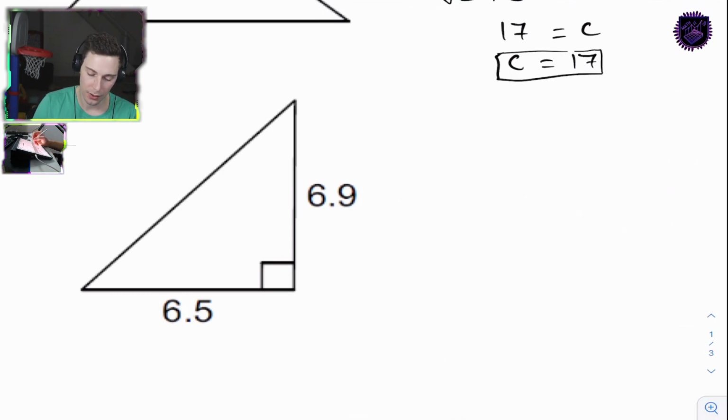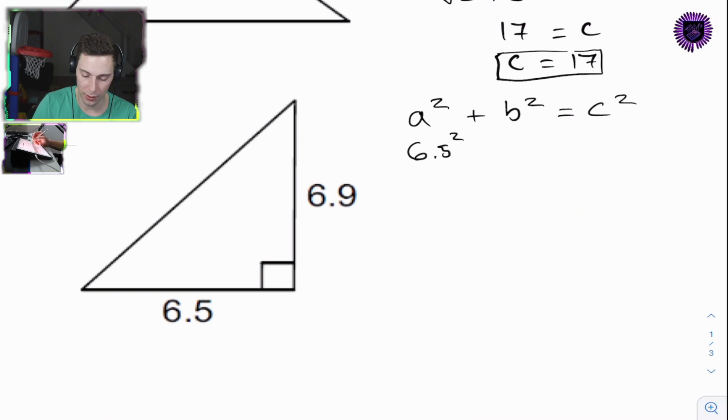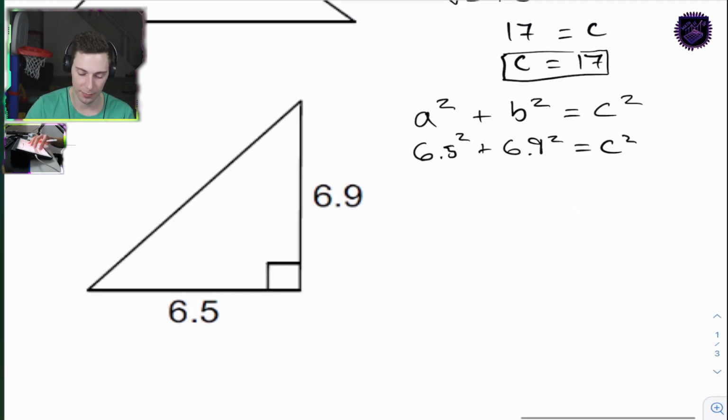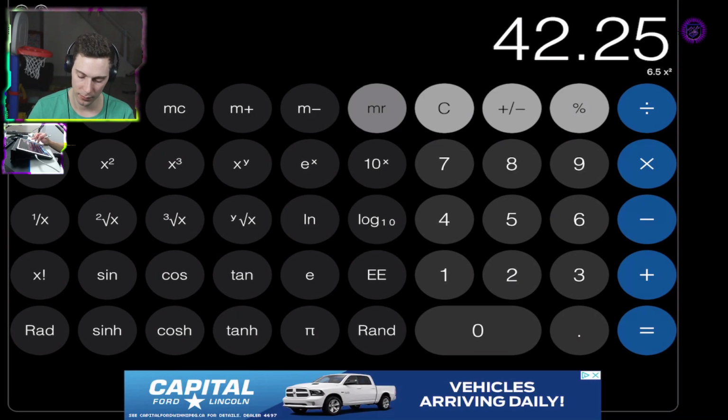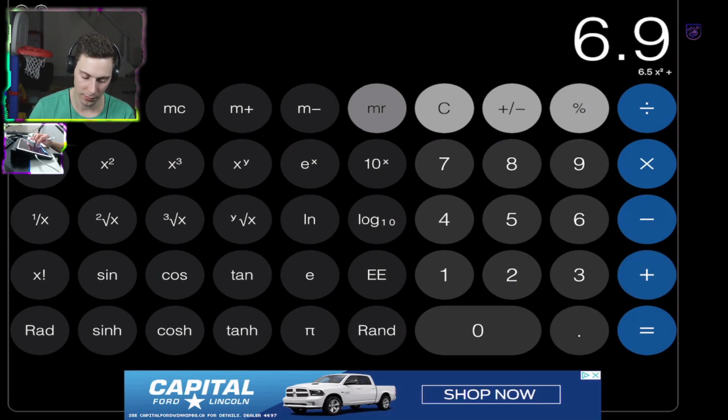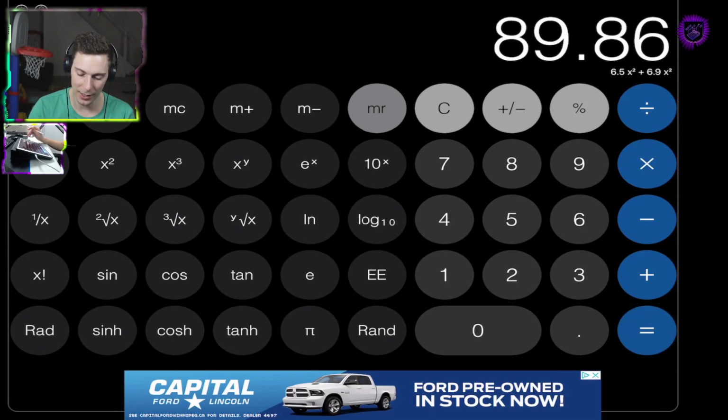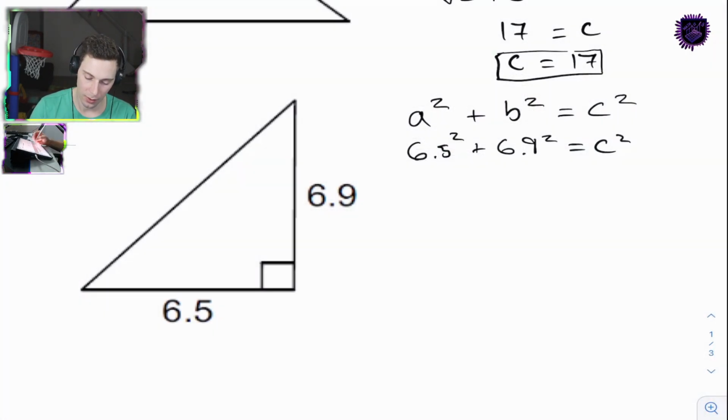All right. So a squared plus b squared is equal to c squared. 6.5 squared plus 6.9 squared is equal to c squared. 6.5 squared plus 6.9 squared equals 89.86. 89.86 is equal to c squared.